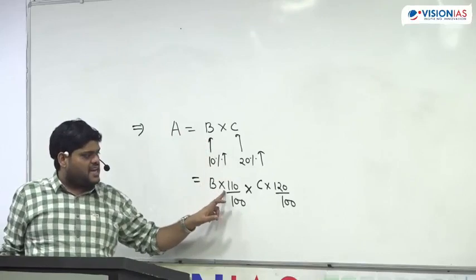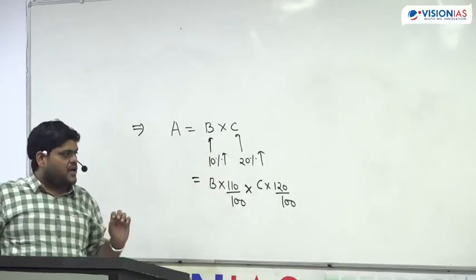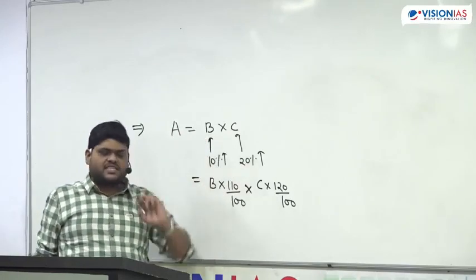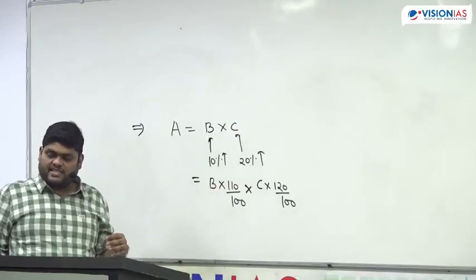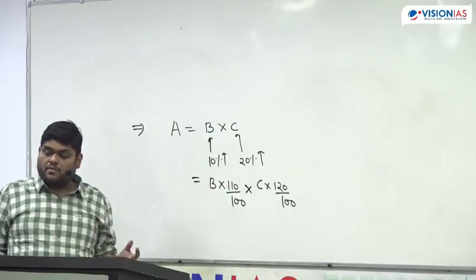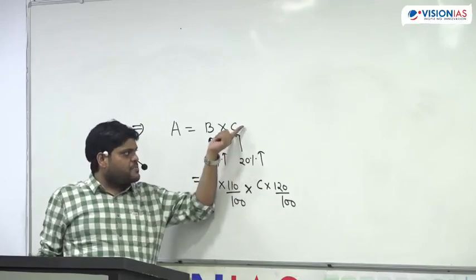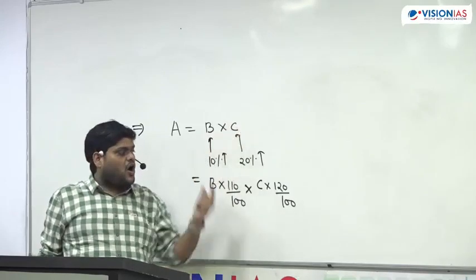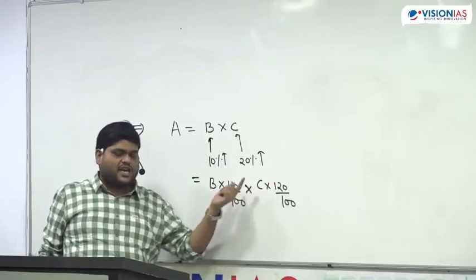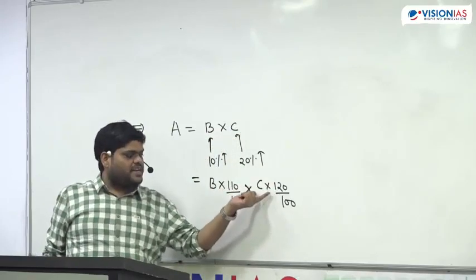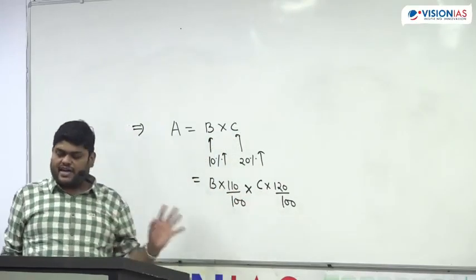Simple meaning is 110%. When you are increasing 20% in C, one way is to find 20% of C and add it, or you can simply write 120%. Already we have discussed this.